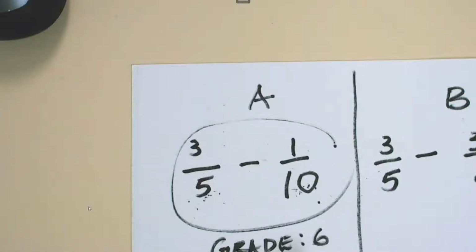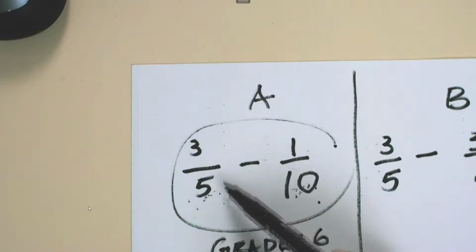Here we have to ask, how can we make this 5 to be this 10? Now we go to our basic principles. We either add, multiply, divide, subtract. But with fractions, we only focus on multiplying or dividing. And one thing we cannot forget is that what you do on your denominator must also be done on your numerator.